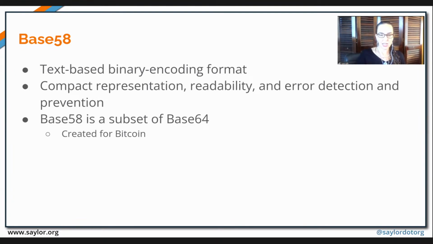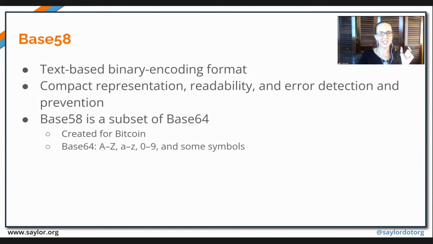Base 64 is a very good method for compression, storing data in a very dense way, so it's good for compact representation. But because we care about making sure humans can work with this, we want readability and error detection and prevention. So you started with base 64.